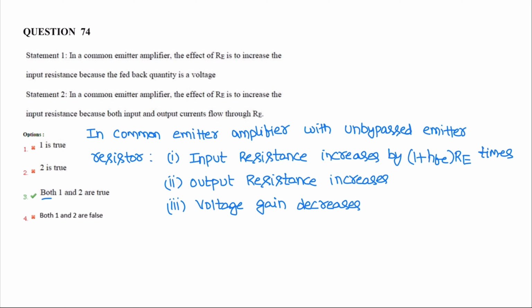Let us see statement 1. In common emitter amplifier, the effect of RE is to increase the input resistance because feedback quantity is voltage. Statement is correct.